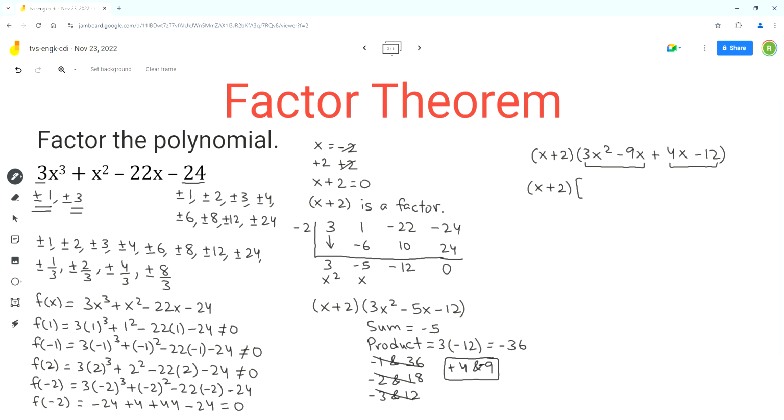From the first pair, we can factor out 3x, and from the second pair, we can factor out a 4. We can factor out x minus 3 from both terms, and we are left with 3x plus 4. So this is the fully factored form of the given polynomial.